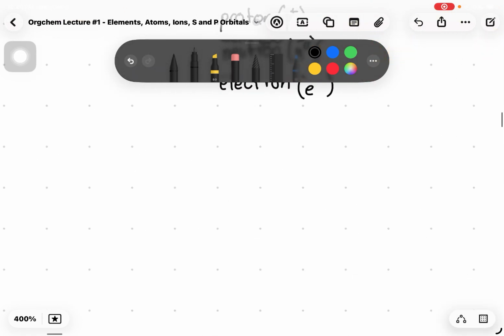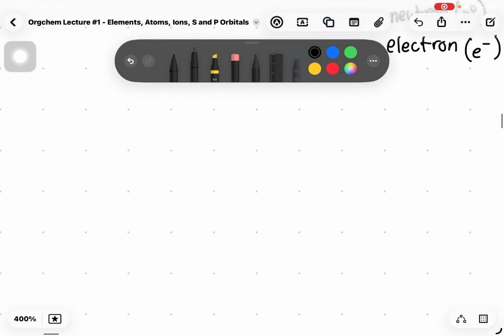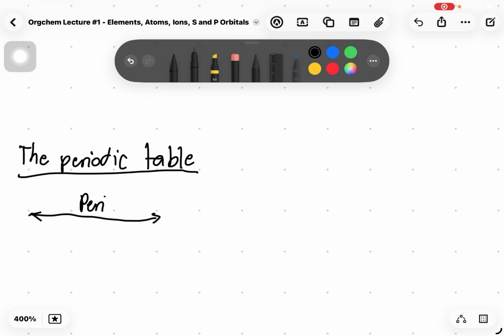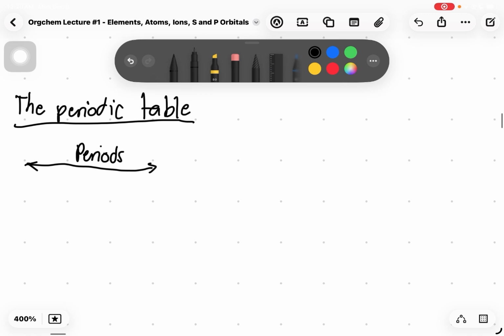Now let's figure out how to read the periodic table. We know that there are rows and columns in the periodic table. What are they called? For rows, or rather the horizontal elements, these are known as periods, while our vertical friends are known as groups.